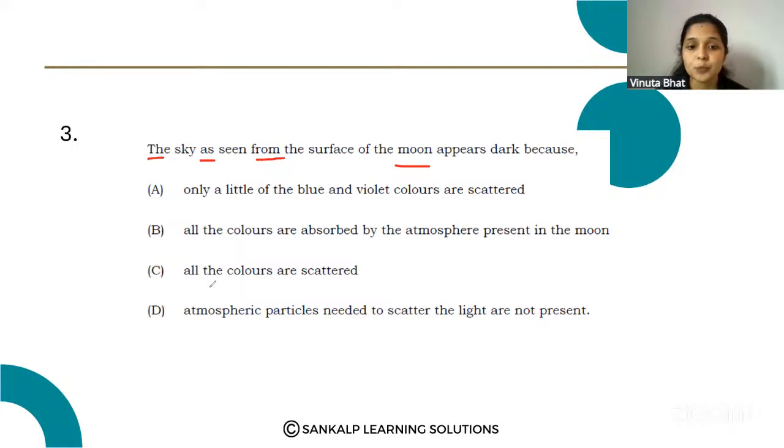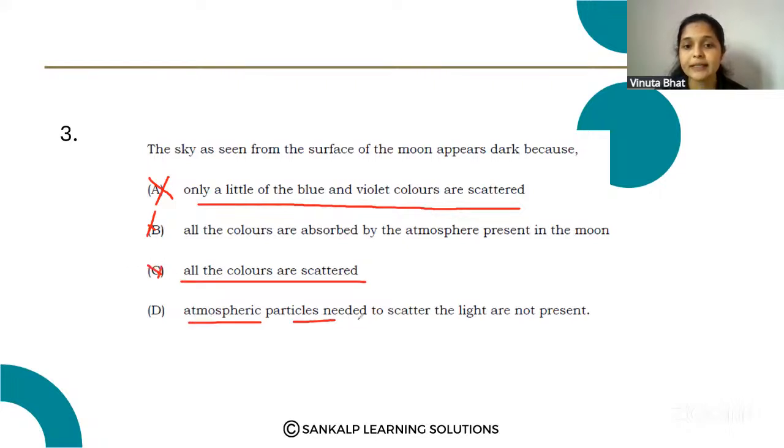Option D, atmospheric particles needed to scatter the light are not present. Option A is not correct. Option B is not correct. Option C is not correct. Option D is the correct answer.